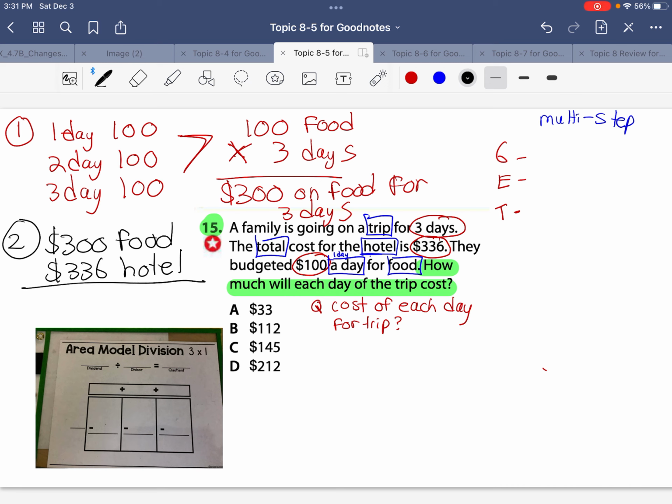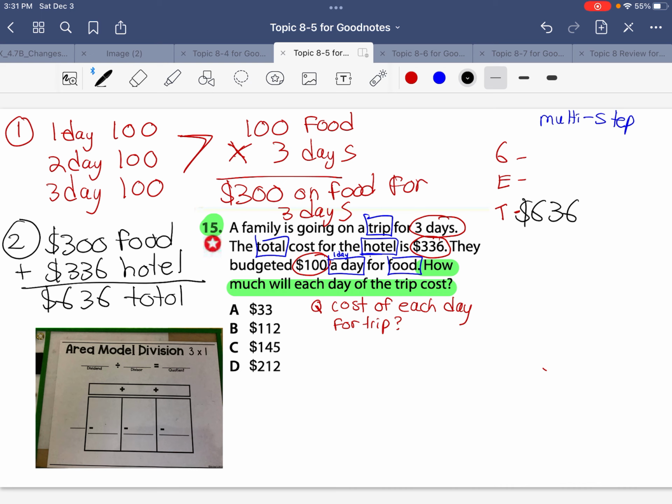So I'm going to add those up. I get 636. So now I know the total for everything. So now I can put $636 in my total for get. That's what they're going to spend on everything.